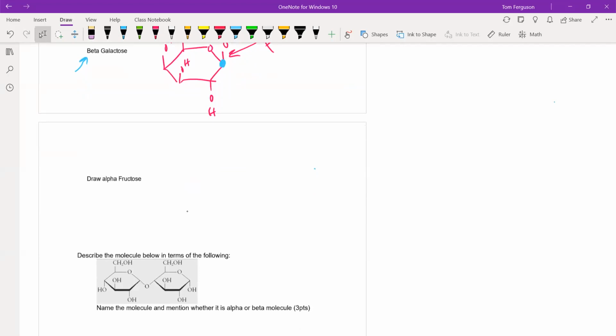Okay, alpha fructose. Fructose is a little tricky because one, it's a furanose, 5-membered ring, and secondly, it's still got 6 carbons. And it's alpha, so that means the OH on the anomeric carbon number 2 is going to be going down.